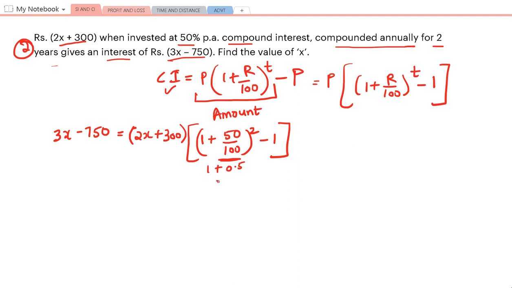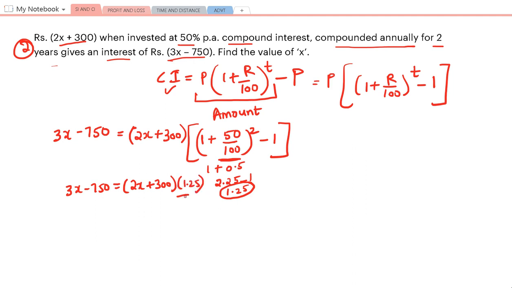1.5 whole square means 15 square is 225, so 1.5 square is 2.25. 2.25 minus 1 is 1.25. We have to write like this. So 3x minus 750 is equal to 2x plus 300 into 1.25.